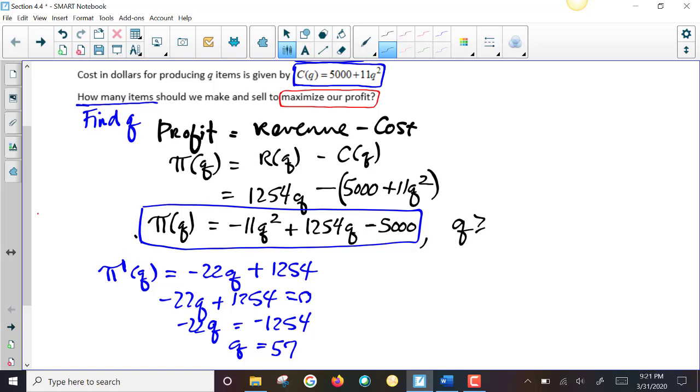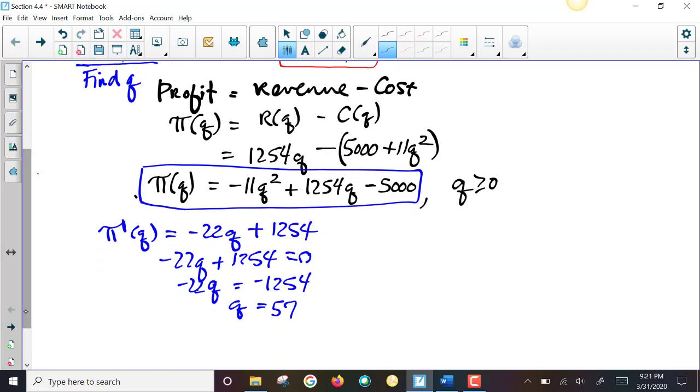So here we would say that Q has to be greater than or equal to 0. So technically we're trying to find the maximum value on this interval, which happens to be from 0 to infinity.